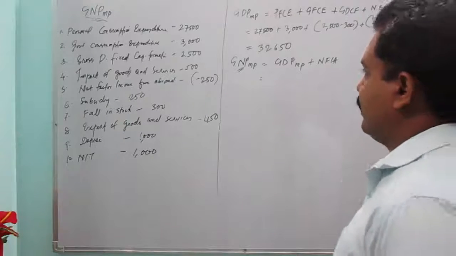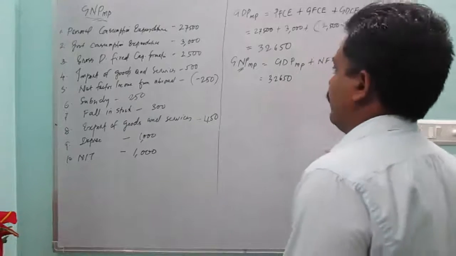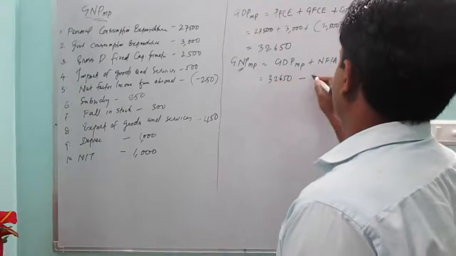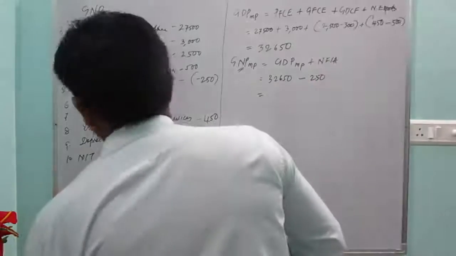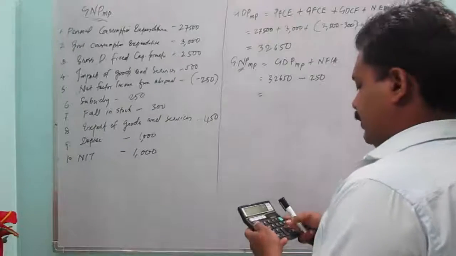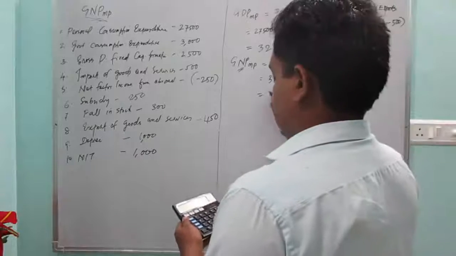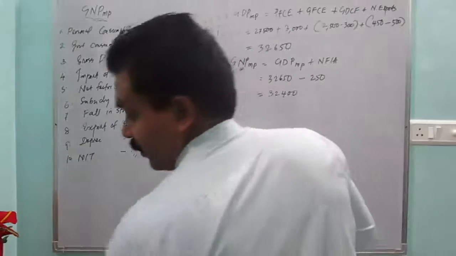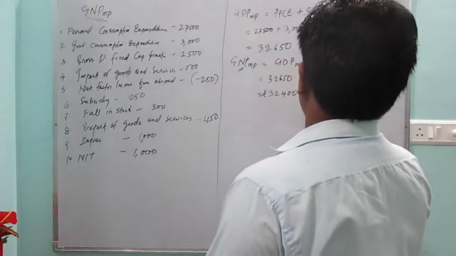We have 32,650, and NFIA is negative 250. So minus 250 equals 32,400, and that is in rupees crores.